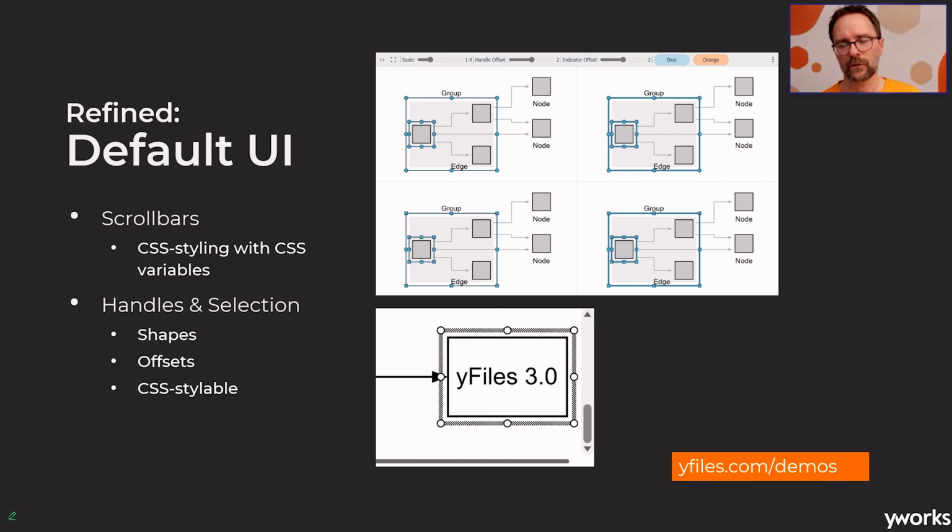So for example, you can now specify the padding around elements for the selection. And we changed the default for the scroll bars, which are now fully CSS stylable with CSS variables and dynamically animated. If you want to change the color, look, and feel, and so on, it's all just a CSS configuration step away. Changing colors and making the diagram perfectly match your UI is now easier than ever before.